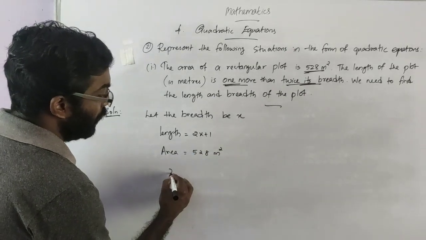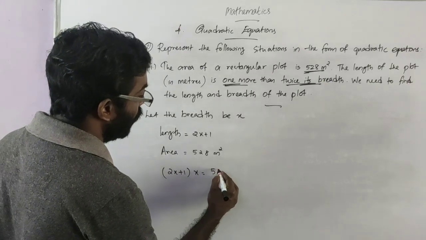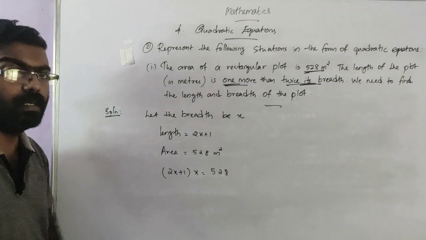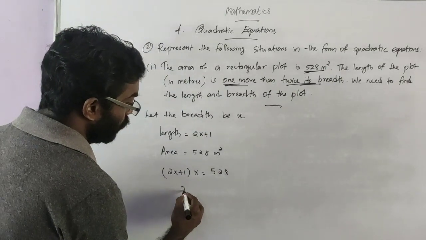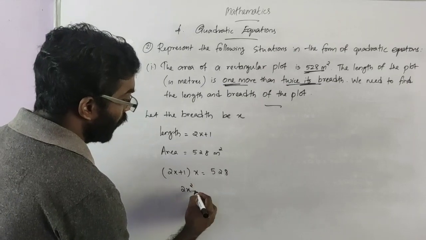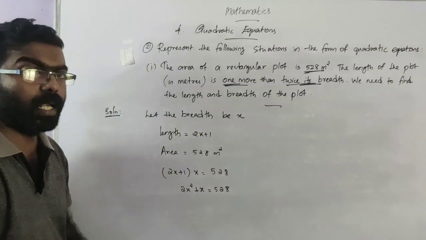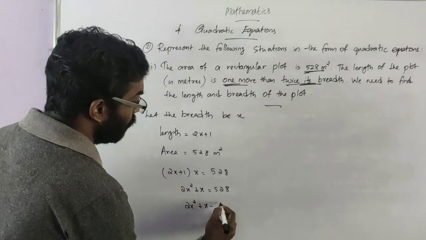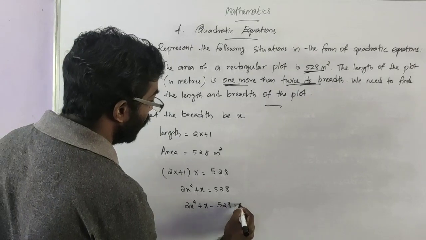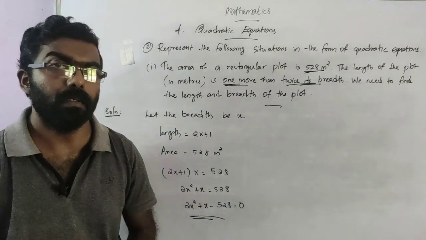So we can write length into breadth, 2x plus 1 into x is equal to 528. 2x into x, 2x square, 1 into x plus x, which is equal to 528. Now we can take the number to the left side. 2x square plus x minus 528 is equal to 0. This is the corresponding quadratic equation.